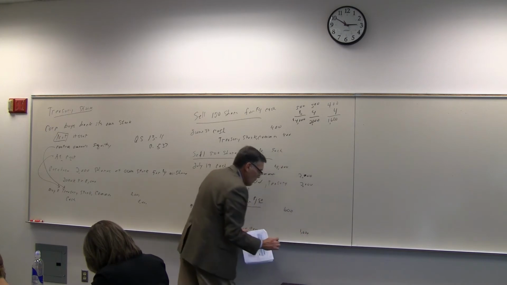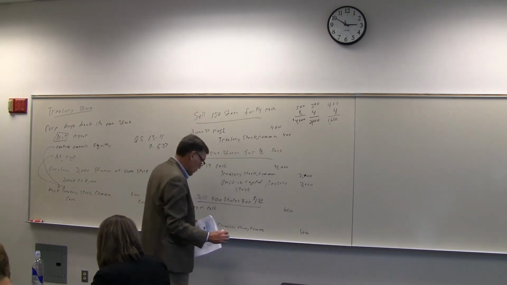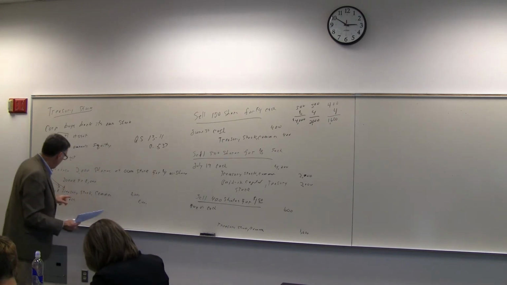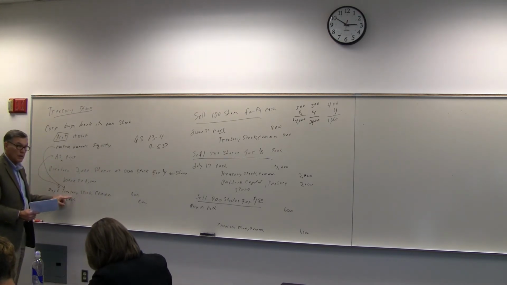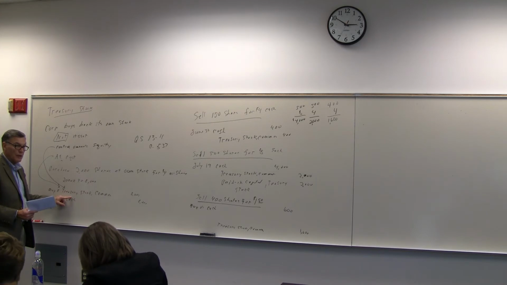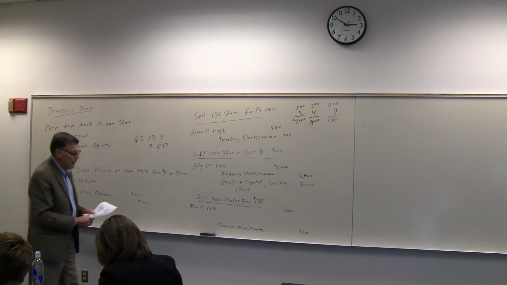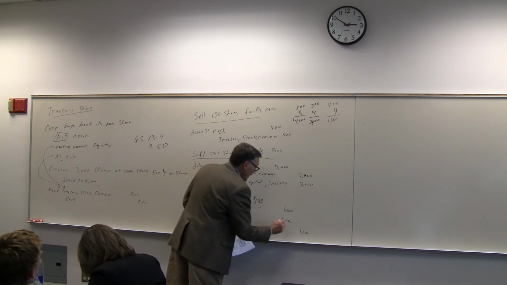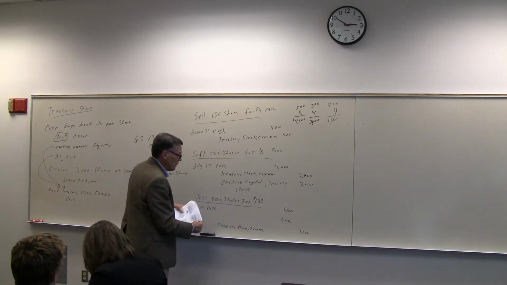Wait, is it debit or credit? It'll be a credit, because this account here is the contra owner's equity account. And then you have a plug figure of $1,000, and that will come out of paid in capital, treasury.